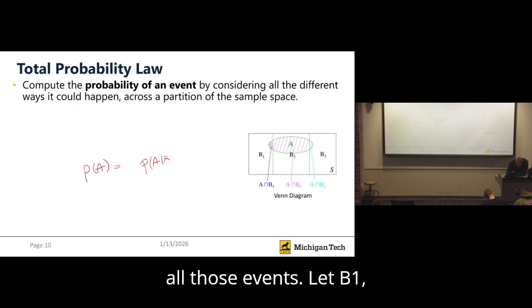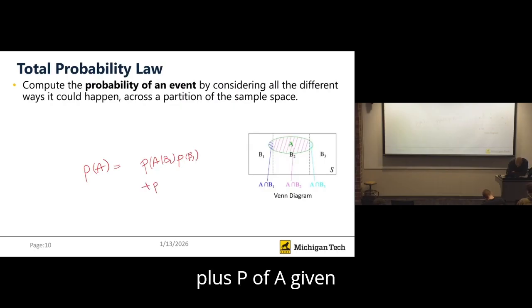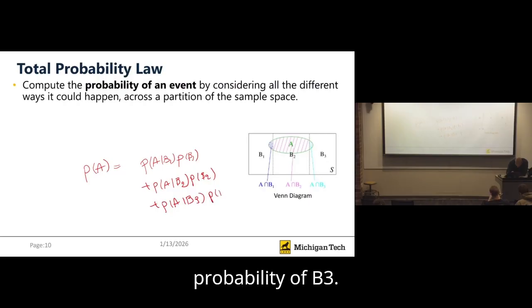Let B1, probability of B1, plus P of A given B2, probability of B2, plus P of A given B3, probability of B3. This is the total probability law.